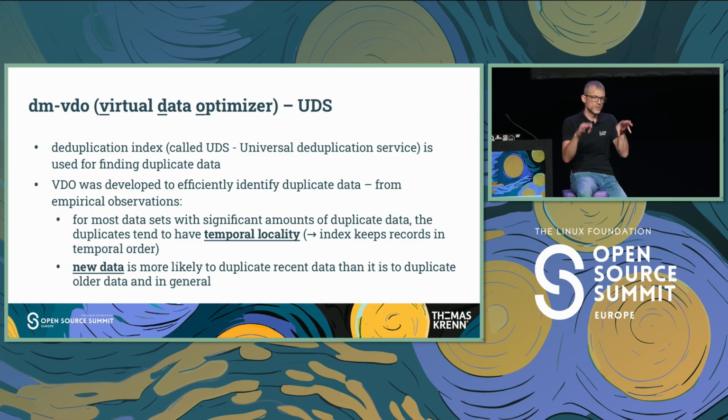So they focused on this kind of observation to not spend too much effort in finding every duplicate in there. So it doesn't find each duplicate in the data, but it uses, again, a good trade-off between performance and efficiency regarding the storage space.